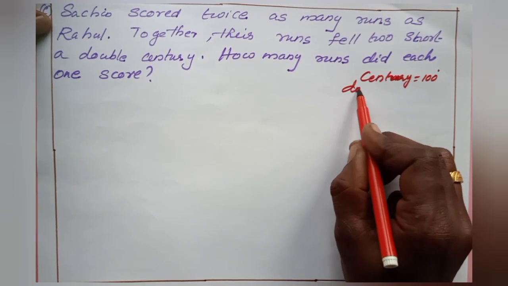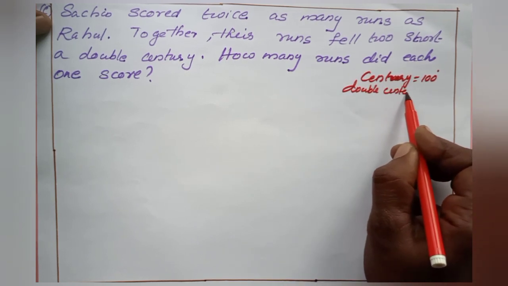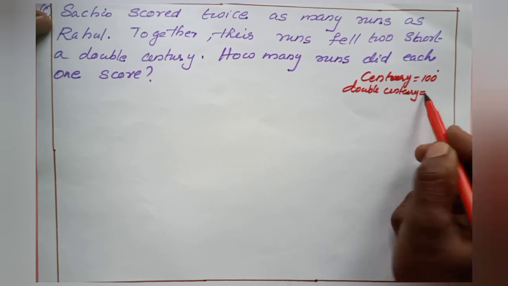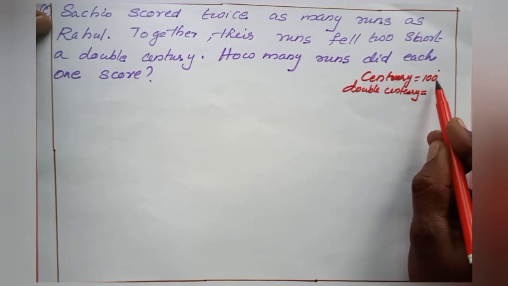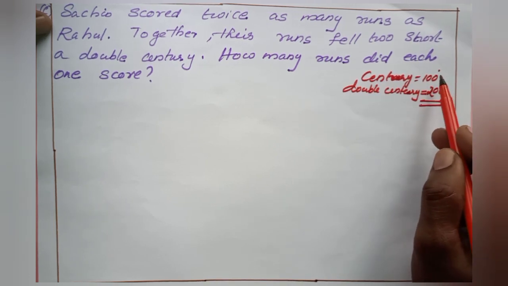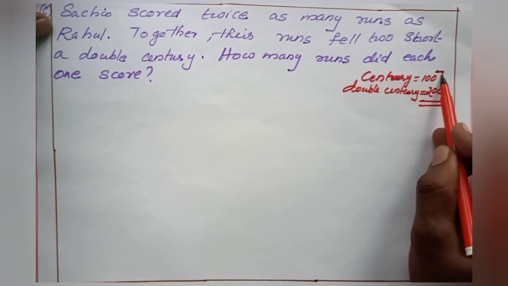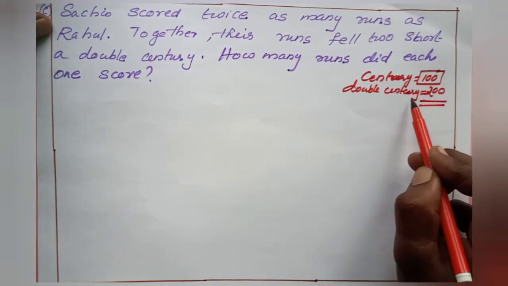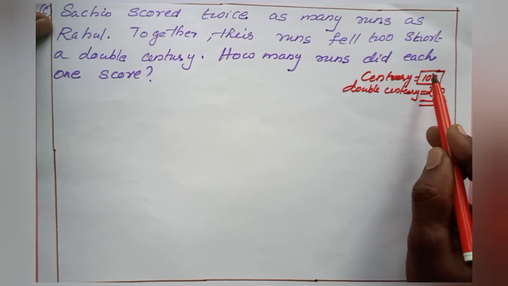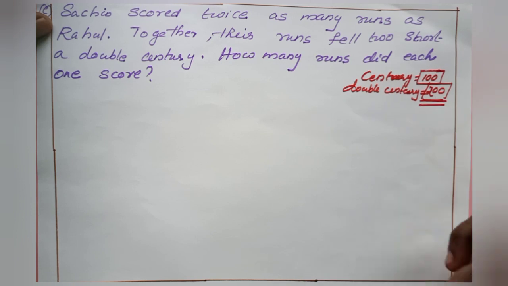So double century means double times, 2 times, 100 plus 100, that is 200 runs.